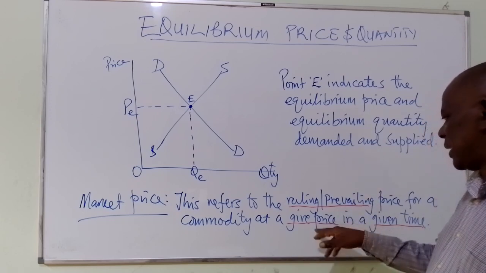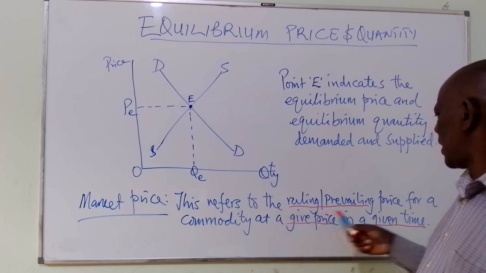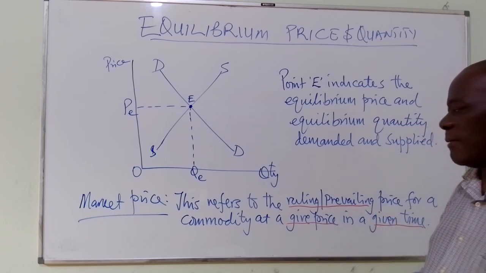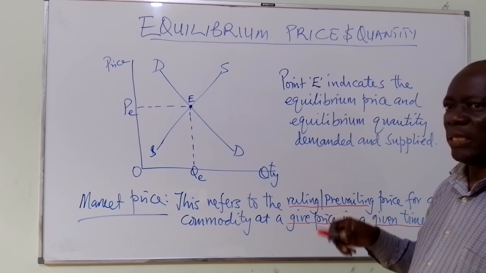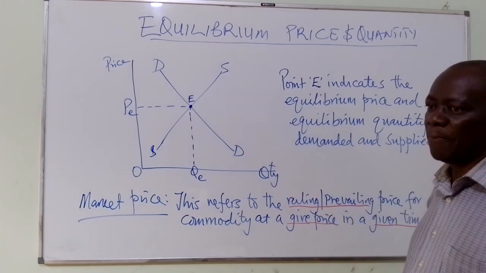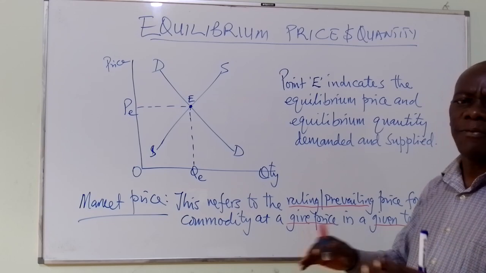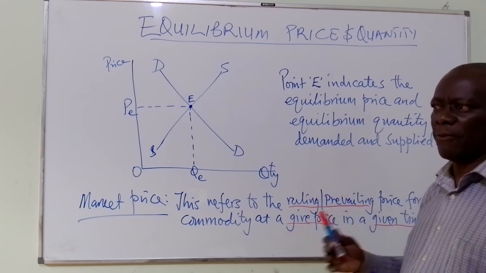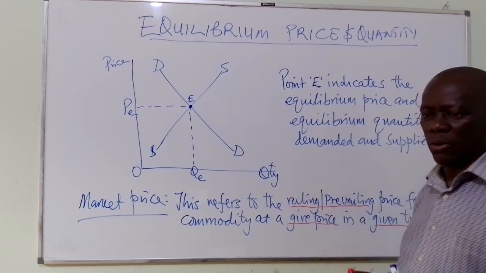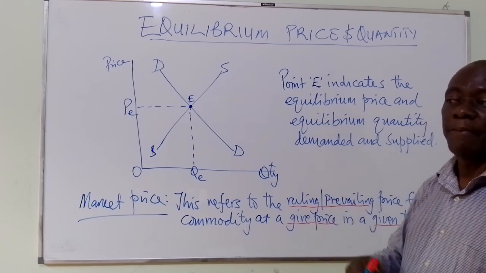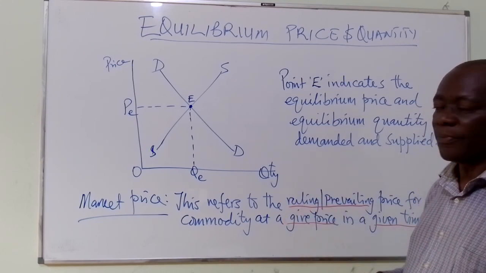What is the quantity? How much are you going to buy? That one, it might be the equilibrium here. But the ruling price, now the market price, may have various factors influencing it away from the equilibrium.